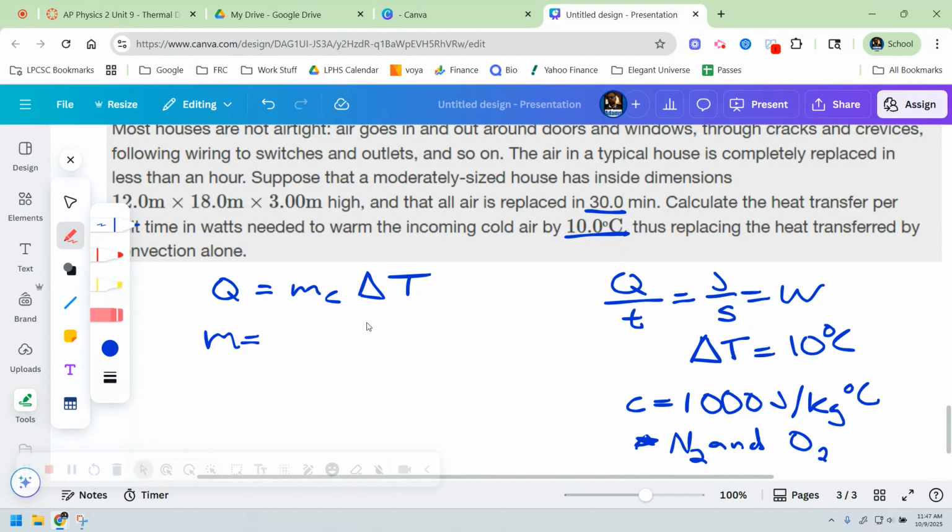Well, we have a volume. Remember that there's this relationship between the density of air and the volume. So this is going way back. So then what's the density of air? Well, 1.29 kilograms per meter cubed.